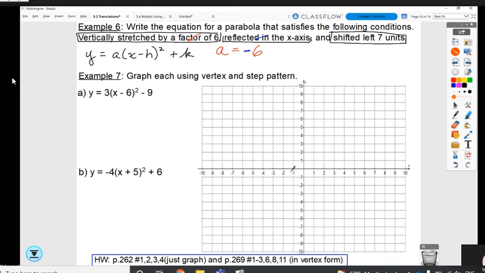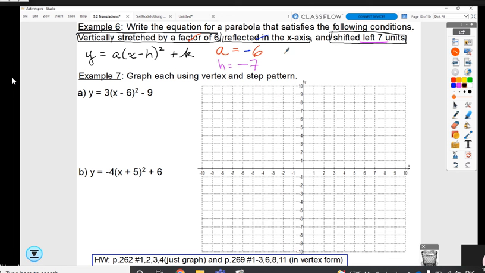And then shifted 7 units to the left. So the horizontal shift, I think, is h. h is going to be negative 7 because it was left 7.